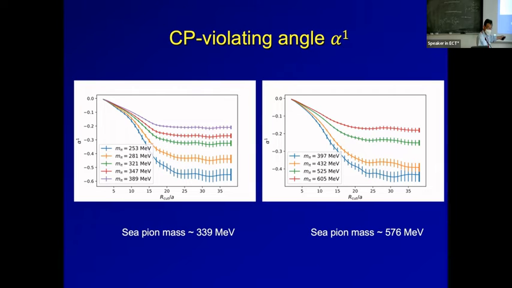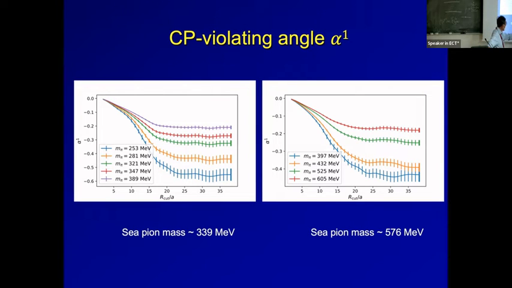The mass in the legend is the valence mass, and this one is the C mass. The unitary point doesn't change here. The unitary point is essentially the red data on the right, and on this one the unitary point will be here, between the red one and the green one.